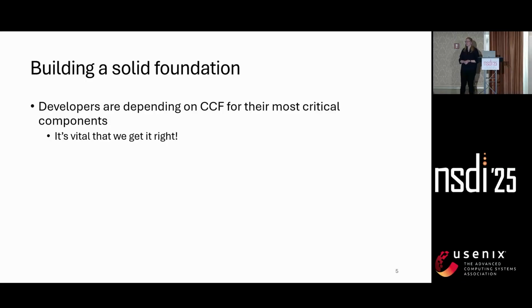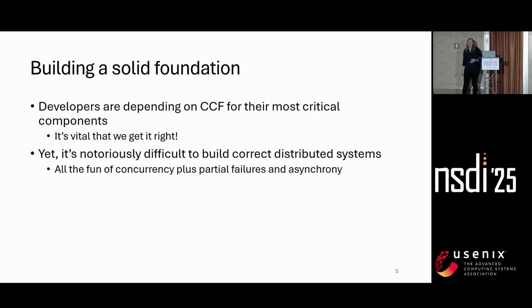I'm partly responsible for the distributed protocols inside of CCF. So I want to know that these protocols are correct and they're not going to break horrendously in production in a way that would give me nightmares. But if you look at the academic literature on distributed systems, we see so many examples of subtle bugs in distributed systems. Also, we see many companies failing in practice and talking about this in the wild.